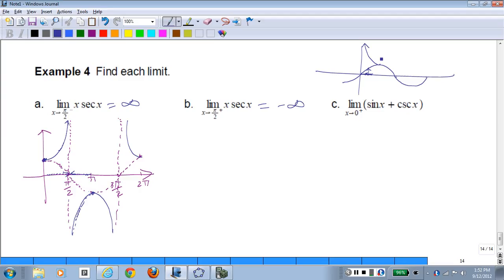That's what cosecant's doing as x approaches 0. So positive infinity. So cosecant is going to positive infinity, sine is going to 0, and their sum very easily is going to positive infinity. There's just no worry at all if there could possibly be anything else.